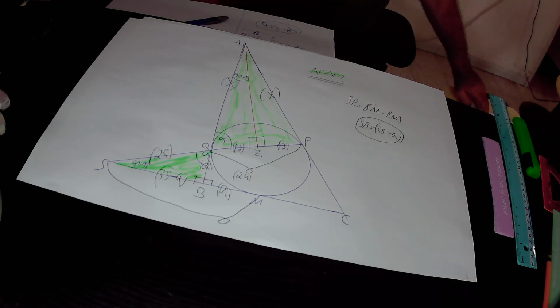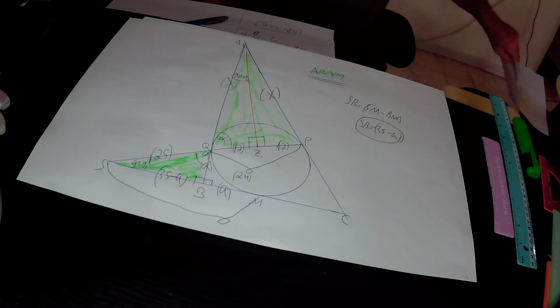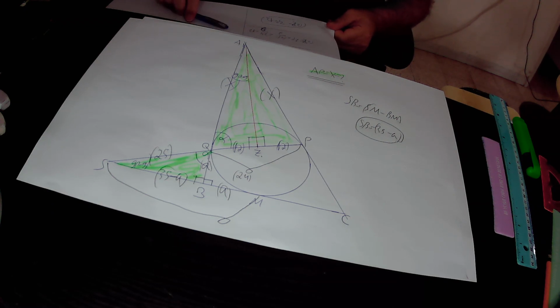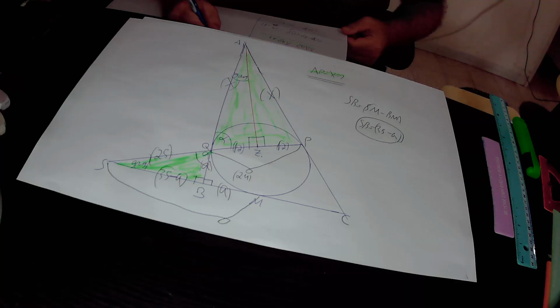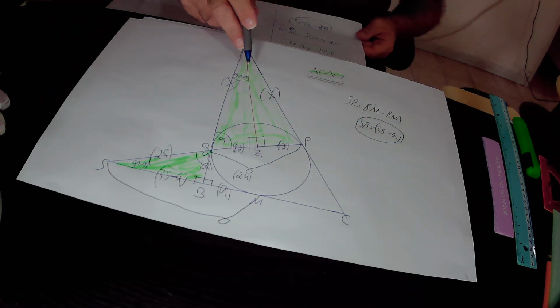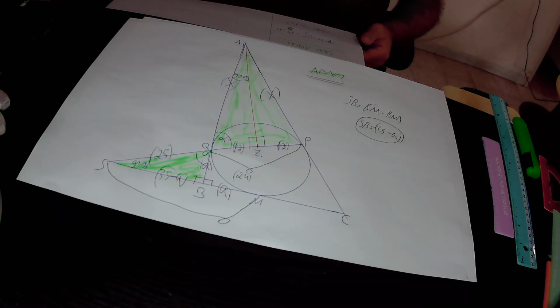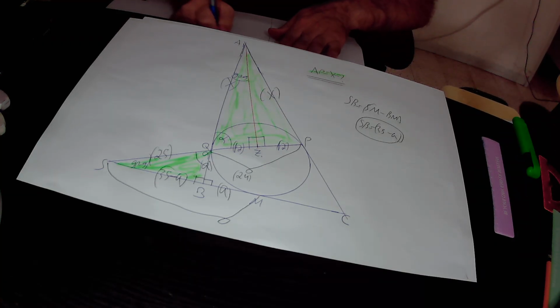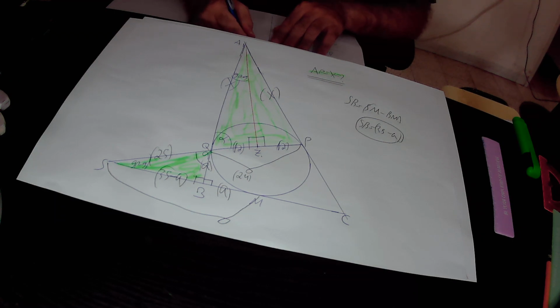If you found out that the right small triangle QBS is similar to, this is the sign of similar, this right triangle AQZ, according to the angle similarity rule.